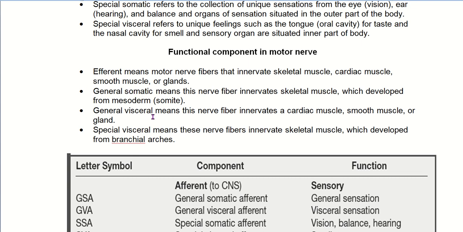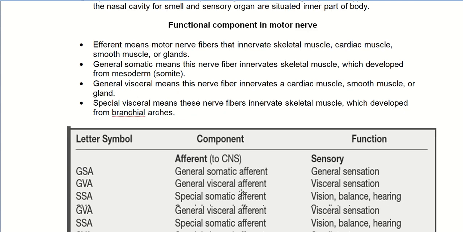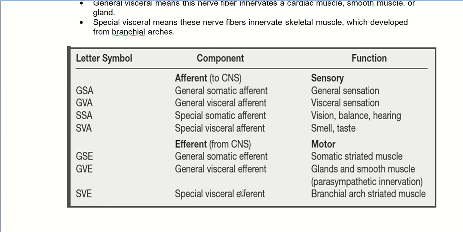General visceral means it innervates and controls involuntary structures of the body, and special visceral means it innervates skeletal muscle, but this skeletal muscle is not developed from mesoderm, it's developed from branchial arches. So this is the summary of all the functional components of a nerve.